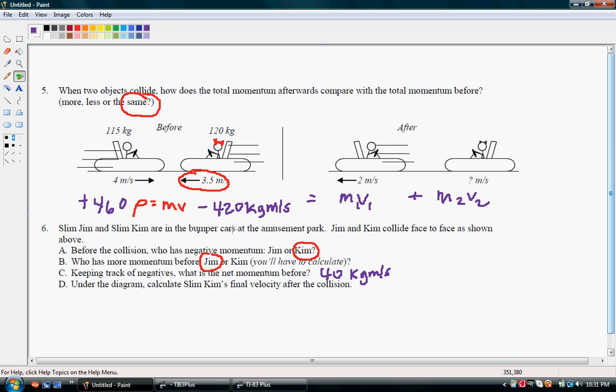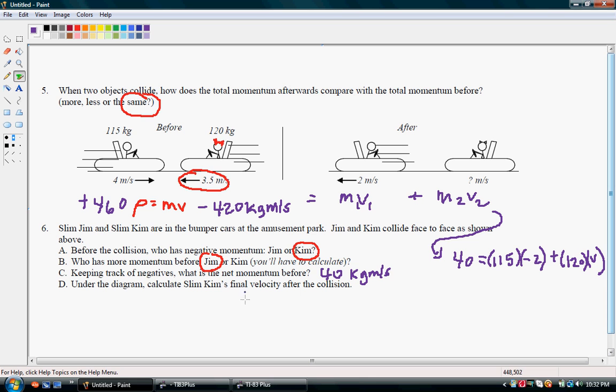So since we know that this side is equal to 40, we can actually just say 40 equals Jim's mass, which is 115, and his new velocity is 2 meters per second to the left, so this is negative 2, plus Kim's mass, which is 120, and her new velocity, which we're trying to solve for.